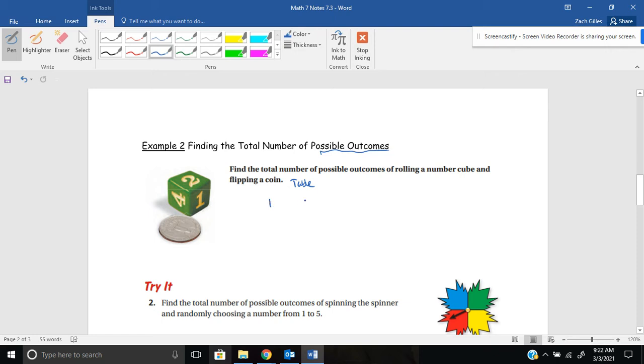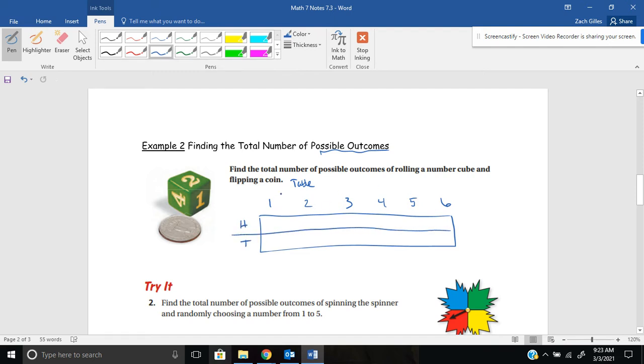We could roll a 1, we could roll a 2, we could roll a 3, 4, a 5, or a 6. And what else? Well, we're also flipping a coin. So we could flip a heads or a tails. Okay, if I make a table here to kind of represent that.